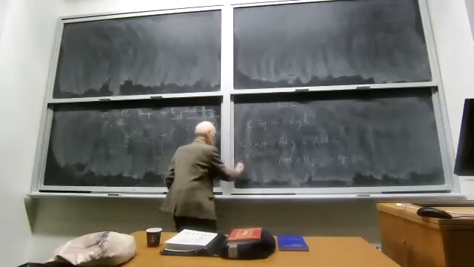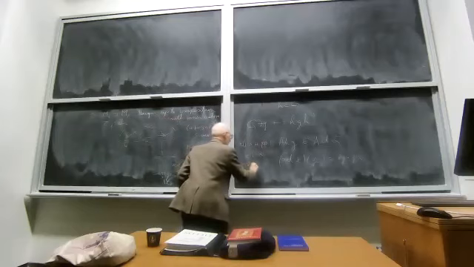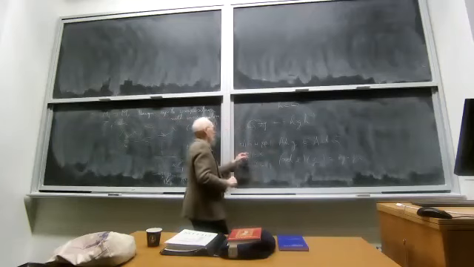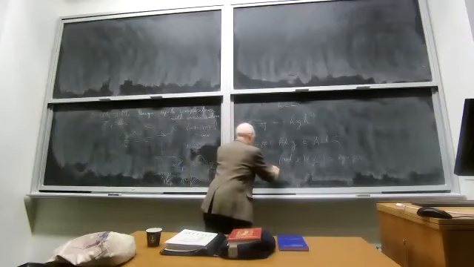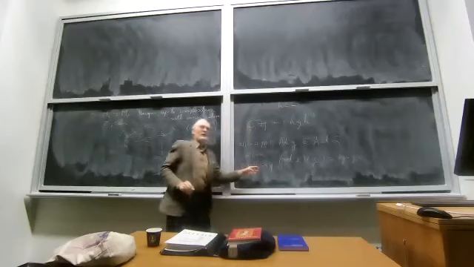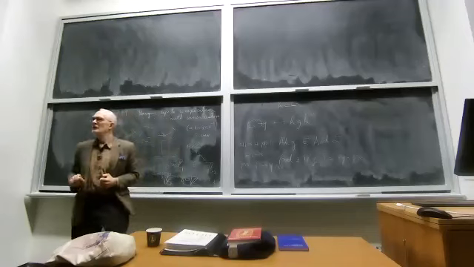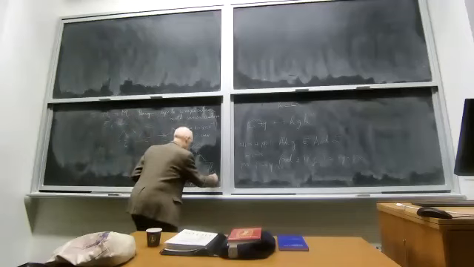So p of x equals 1 minus x times 1 minus x. Lo and behold, we can simplify it. It's the square of 1 minus x. So that's what we get.